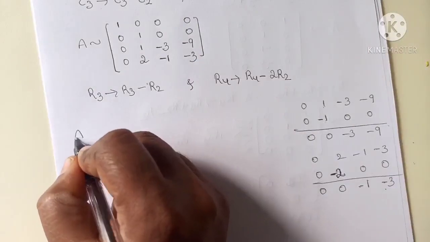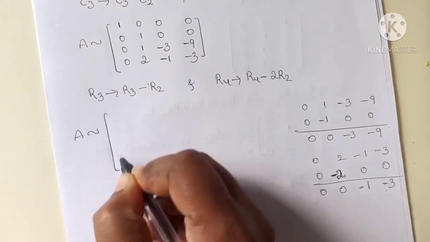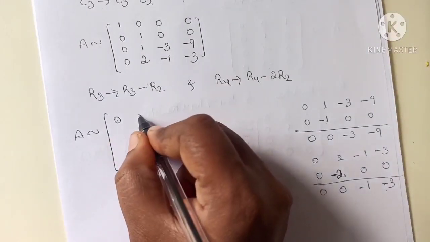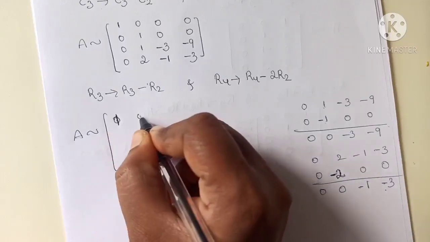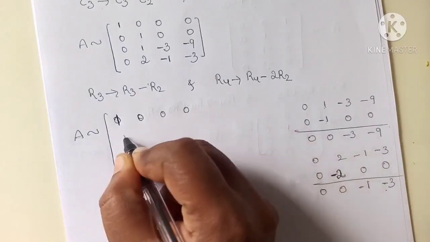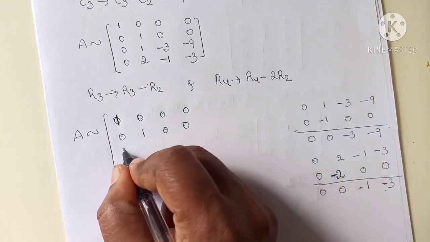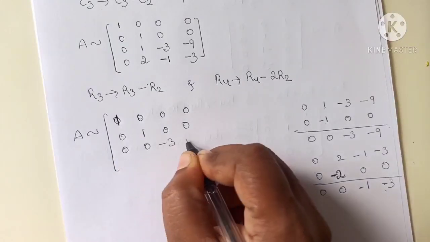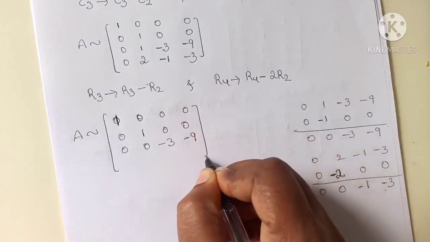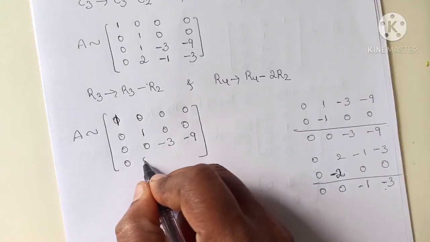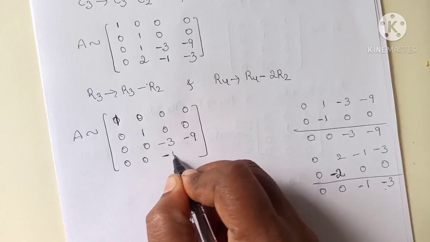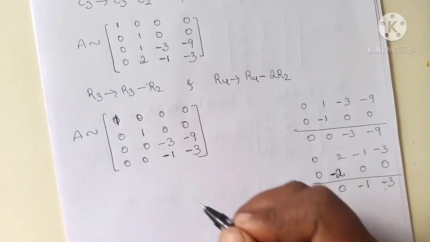Therefore, we get A is equivalent to 1, 0, 0, 0, 0, 1, 0, 0. This becomes 0, 0, minus 3, minus 9, and the fourth row is 0, 0, minus 1, minus 3.